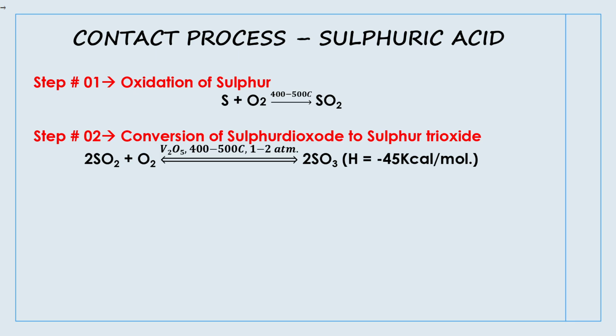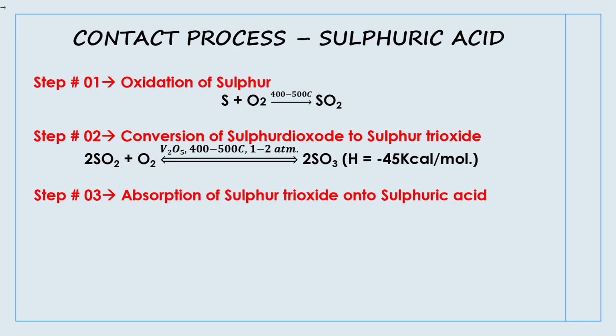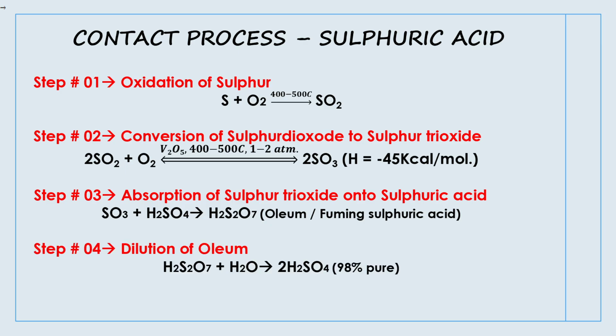The third step is the absorption of the produced sulfur trioxide onto sulfuric acid, which results in the formation of oleum, which is also known as fuming sulfuric acid. The fourth step is the dilution of the oleum, which results in the formation of 98% pure sulfuric acid.